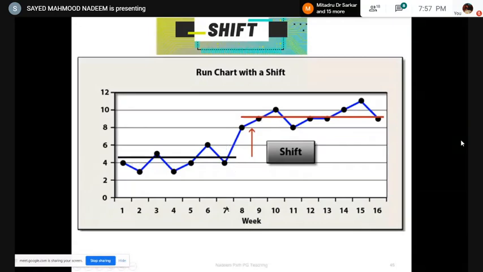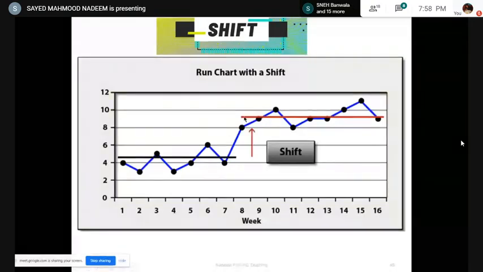It's definitely something is happening on day 8th, and this has resulted in a sudden change in the control activity on the LJ chart. So there must be something which has changed here, which has resulted in this shift. So what are the causes of shift?